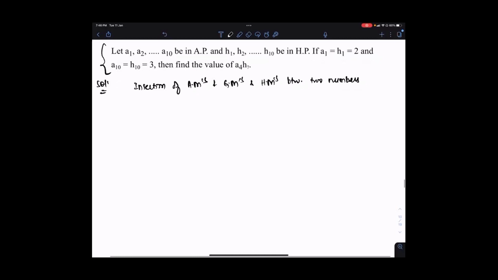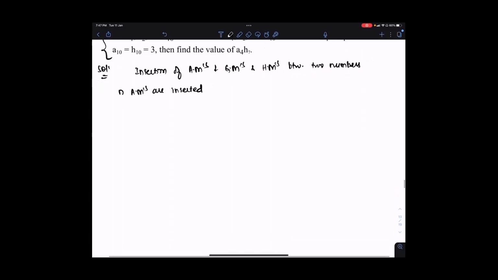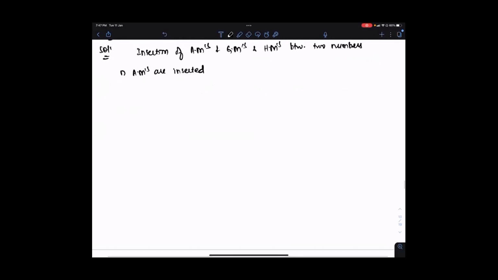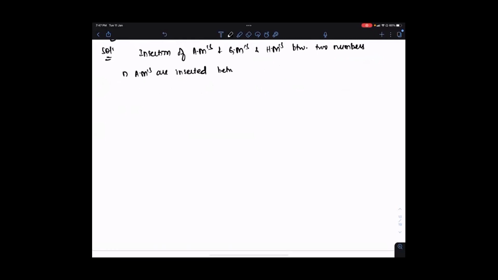If n arithmetic means are inserted between A and B, I'm assuming the n arithmetic means are A1, A2, A3, so on till An. Then A, A1, A2, A3, so on till An, comma B, they are indirectly saying that is in AP.